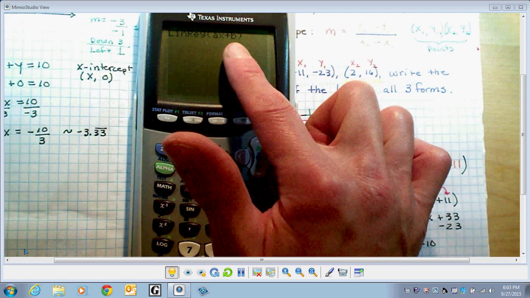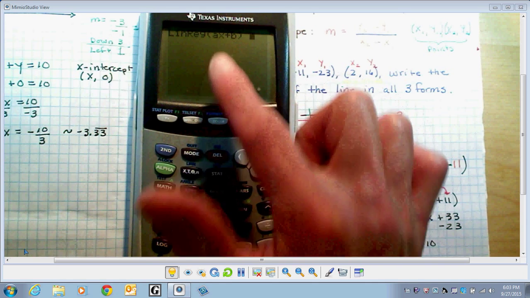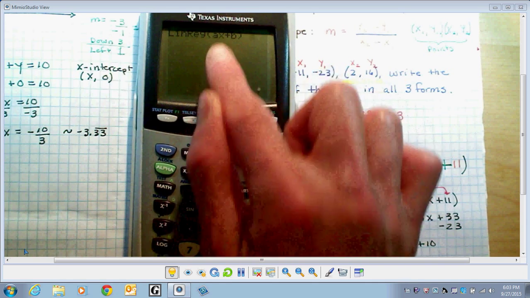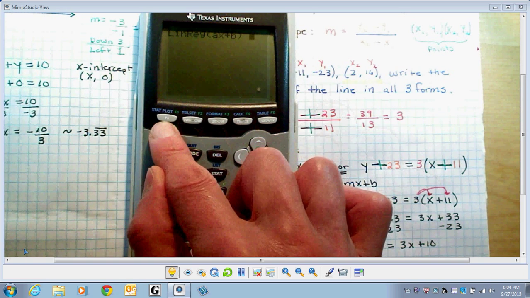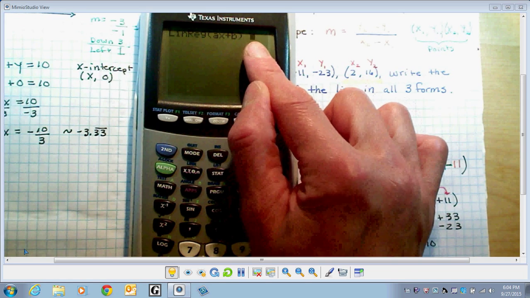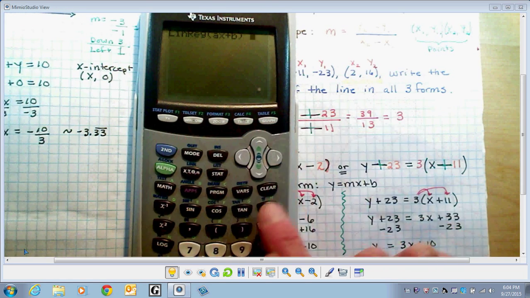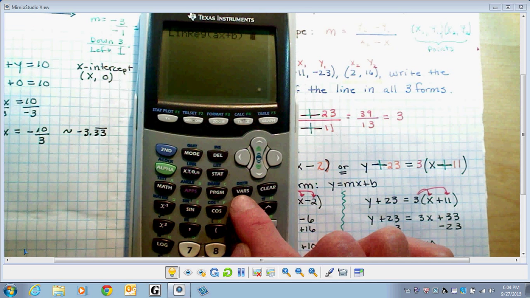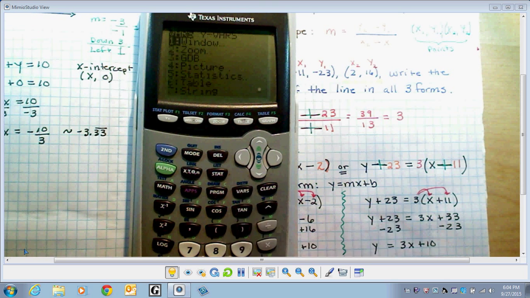Now before I do anything, I have to tell the calculator I want it to put the equation it's going to give me into my y equals function. So I have to tell it what variable I want it to go to. I want it to go to my y variable. You see this button here, VARS, that stands for variables. I'm going to push my VARS button.